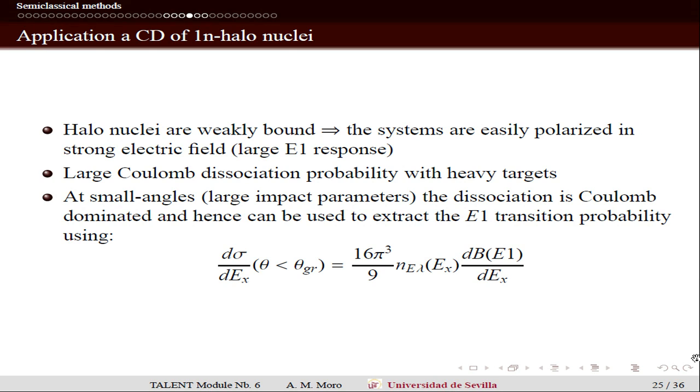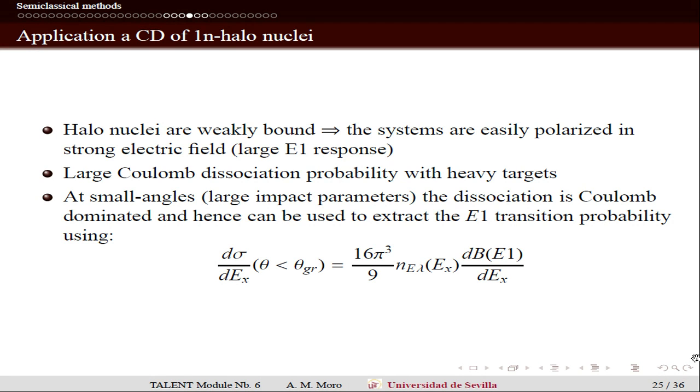So when we do a scattering of this nucleus with a heavy target, this provides us a source of a strong electric field that may produce this effect of distorting and eventually breaking the system. So doing an experiment of a halo nucleus with a heavy target will produce a large cross-section due to this Coulomb excitation.